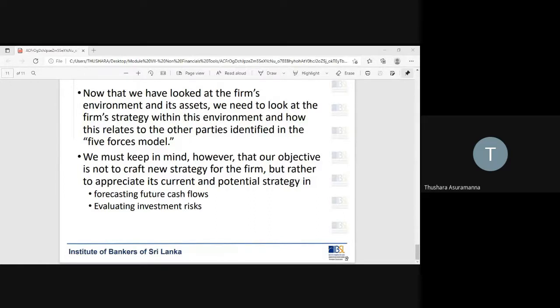Based on that, what is my investment risk? How much can I earn, will I lose or not, whether to invest or not, will all depend on how competitive the market is. That's all about Porter's 5 forces model and how we are trying to understand the market in terms of competition.